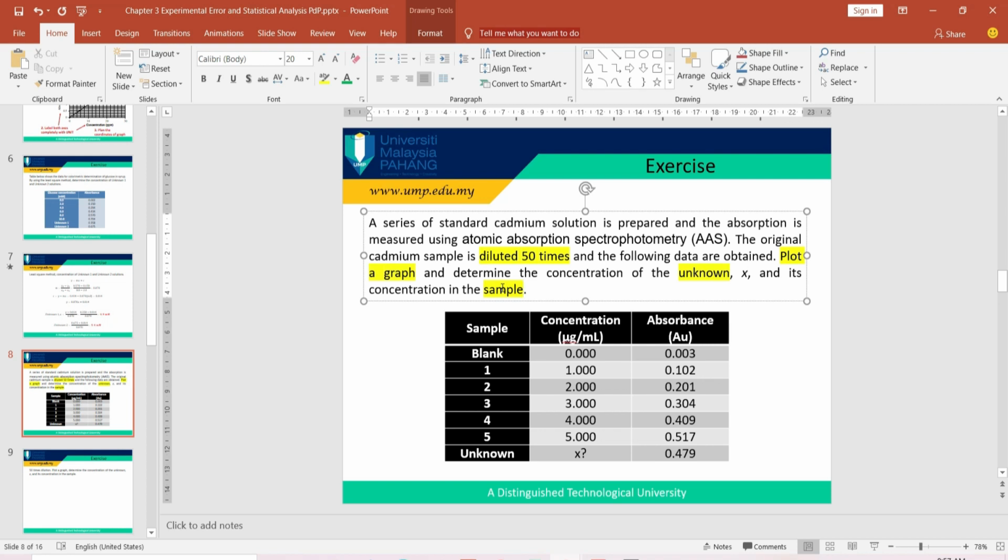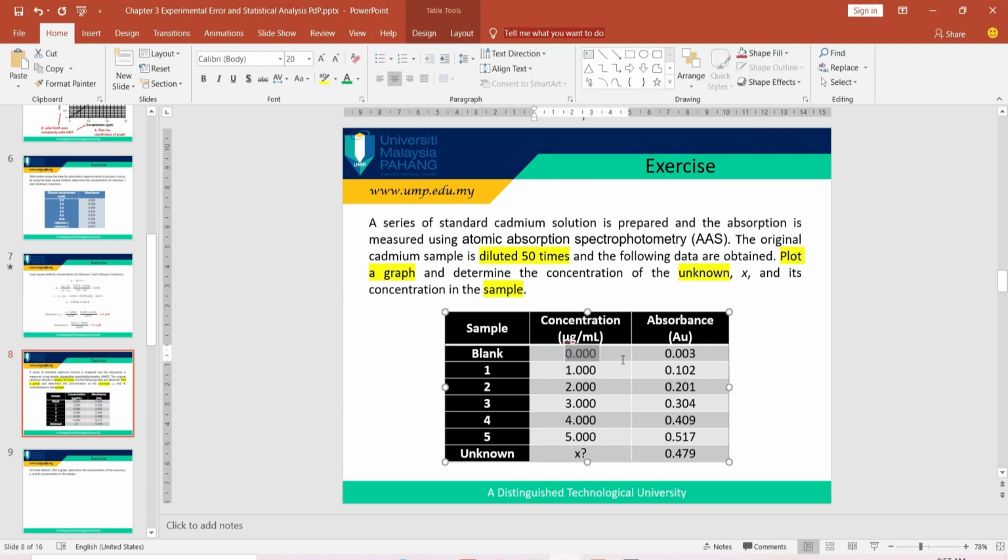Usually, when you do the experiment in the lab, for your lab report you can provide a graph using Excel. But in the examination, you are given graph paper, then you need to show how you plot the graph using the graph paper. Now I'm going to show you how to plot using Excel first.